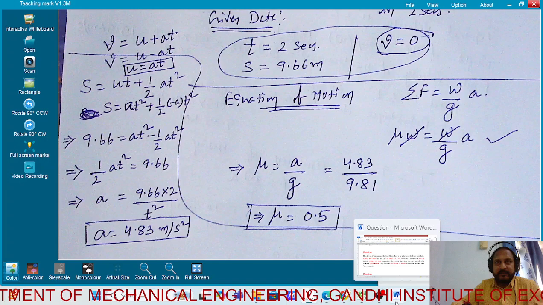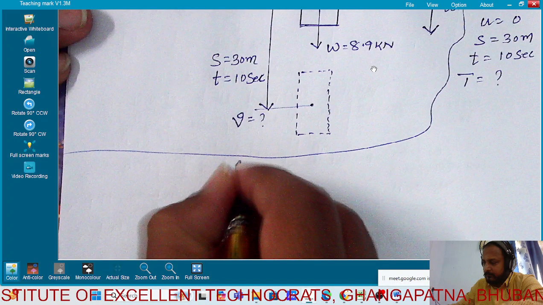All of you are clear? There are two forces here. One is W, the other is T. Because it is going in downward direction, the net force will be W minus T. So let us write the equation of motion.